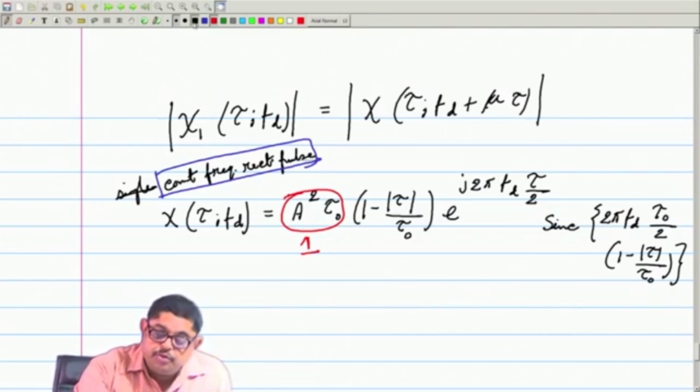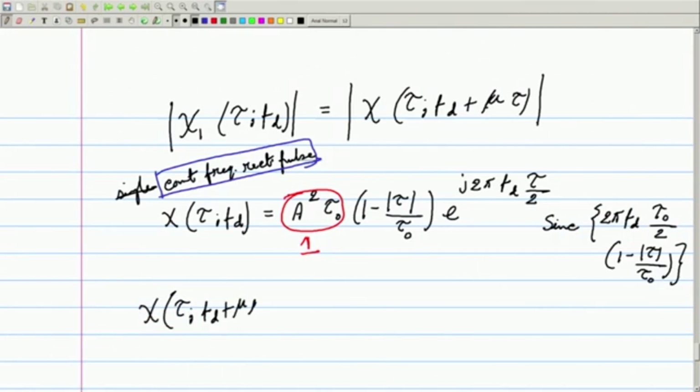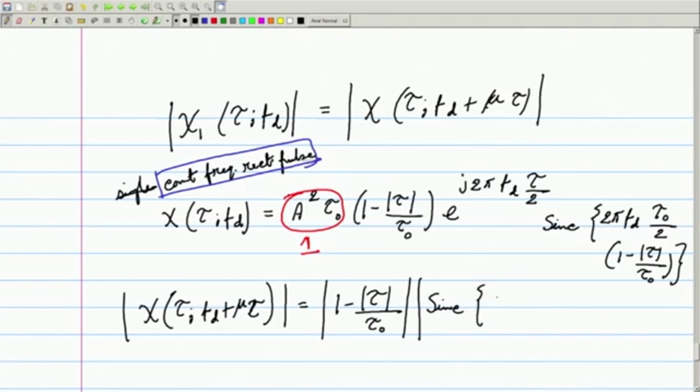So, now here if you use the LFM property, what you get, what is tau, f d plus mu tau, that will be 1 minus tau by tau naught, sinc of pi tau naught (f d plus mu tau), again 1 minus tau by tau naught.